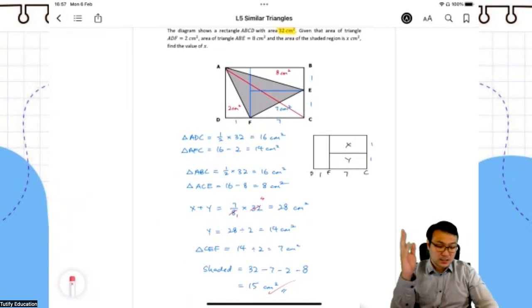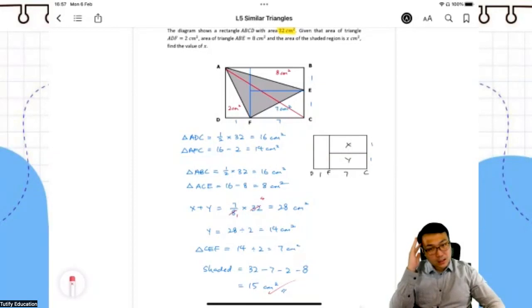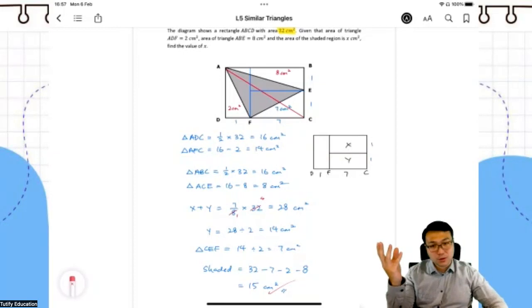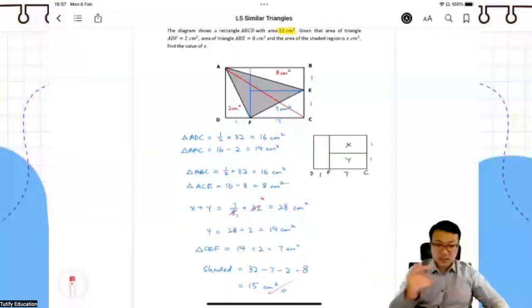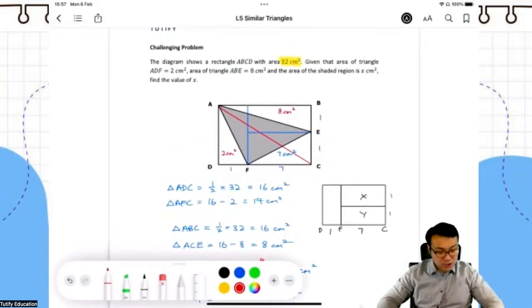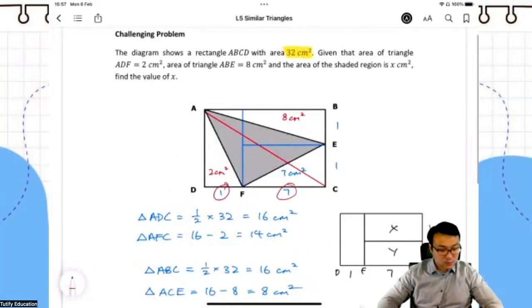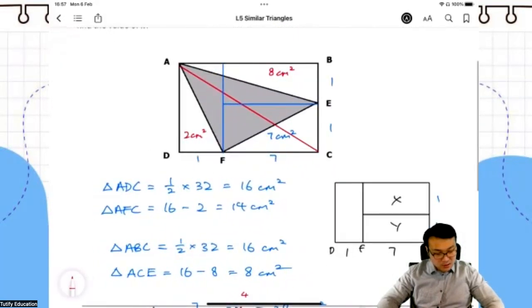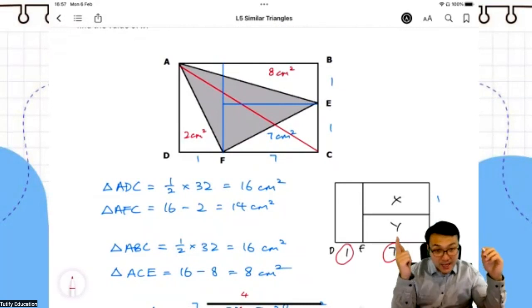So students, this challenging question, it is challenging because you need to combine a lot of concepts that you know. You need to draw your own line to cut it into half. Then later you use the concept that the ratio of the base equals the ratio of the area. Then not only that, we even use the ratio of the length of the rectangle to find the area of the rectangle, x plus y.